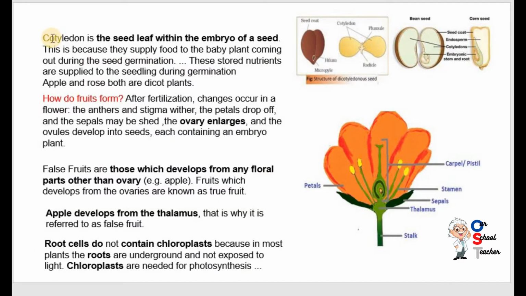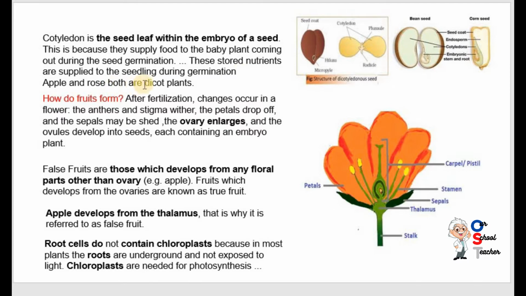What is cotyledon? Cotyledon is the seed leaf within the embryo of a seed. You can see here, this is a gram seed. This is because they supply food to the baby plant coming out during seed germination. These stored nutrients are supplied to the seedling during germination.